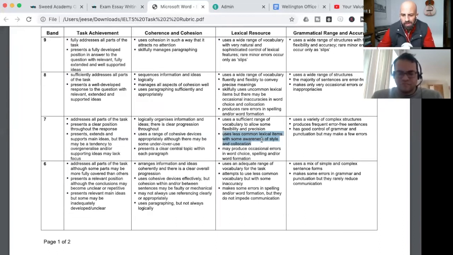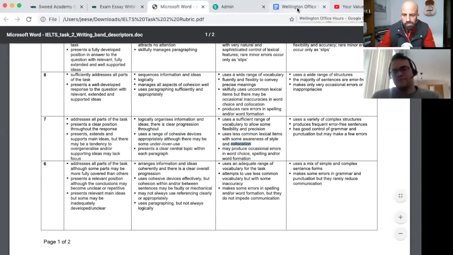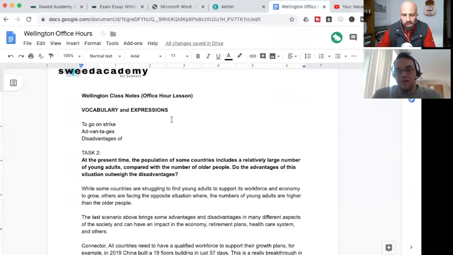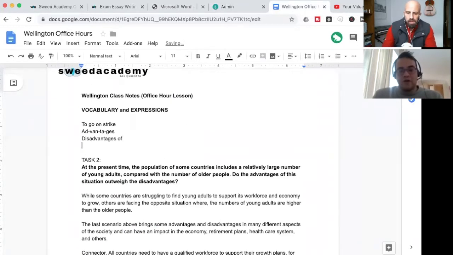With some awareness of style and collocation. Do you know what collocations are? A collocation is a group of words that give a meaning, which can be clear from the words, or have a different meaning when they are together.